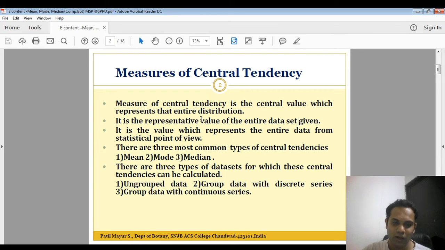You might know that data sets are grouped into three different types. The first one is the ungrouped data set, the second is the grouped data set with a discrete series, and the third, the last one, is the grouped data set with a continuous series. For these three different types of data sets, we are able to calculate these three different types of central tendency.